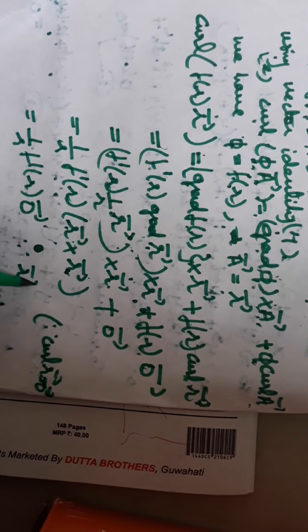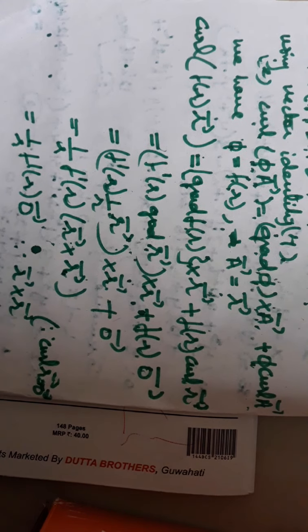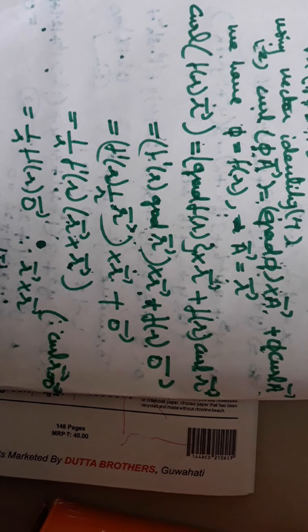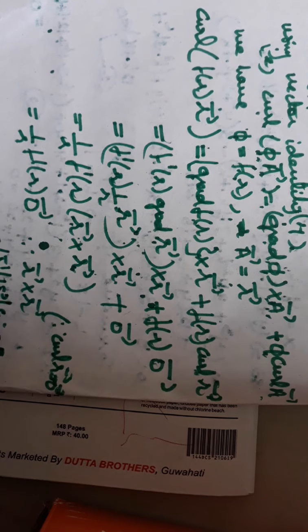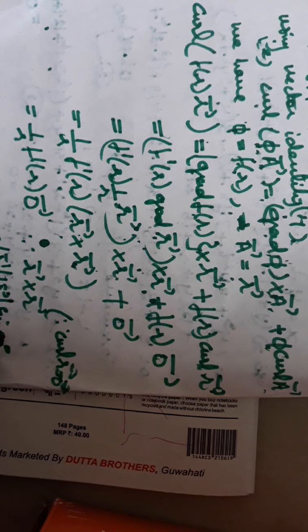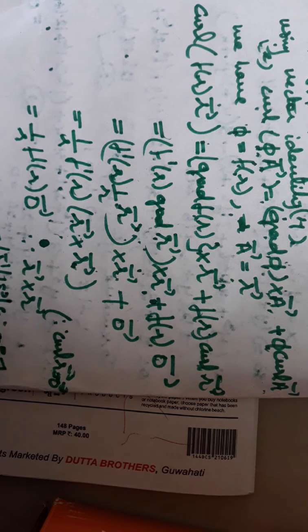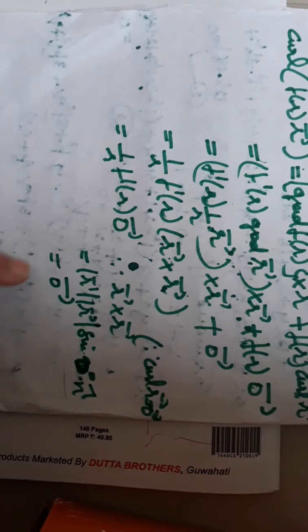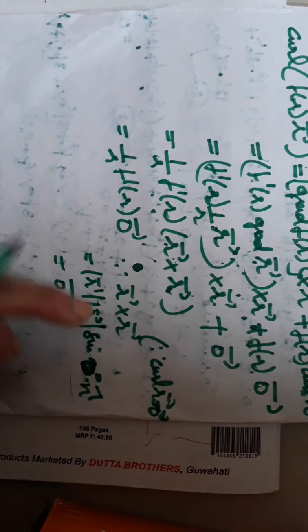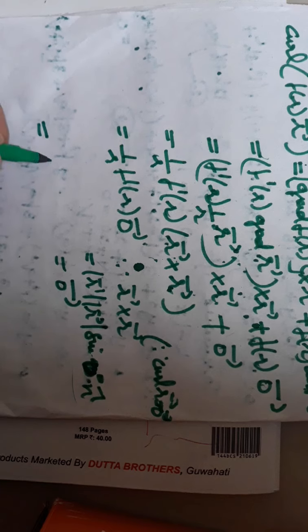Since r bar cross r bar, according to the definition, is equal to magnitude of r into magnitude of r into sine of 0 degree into n cap, because they are the same vectors, and sine of 0 is 0, this whole thing will become a 0 vector, using the cross product of two same vectors. So therefore this is equal to 0.